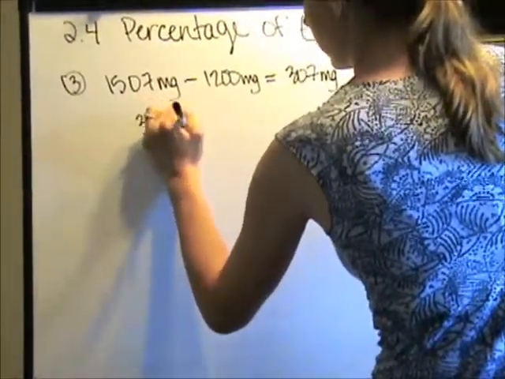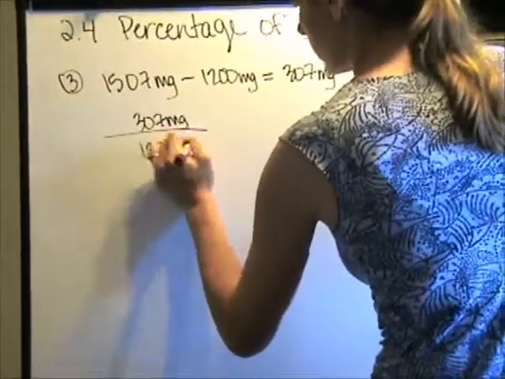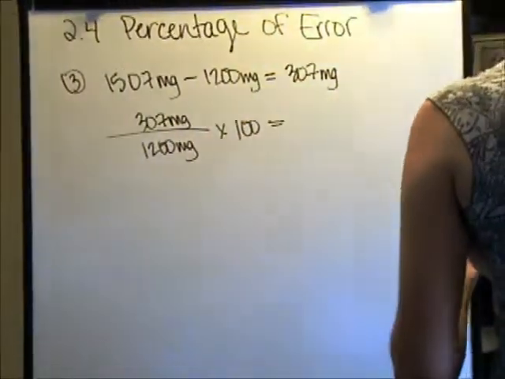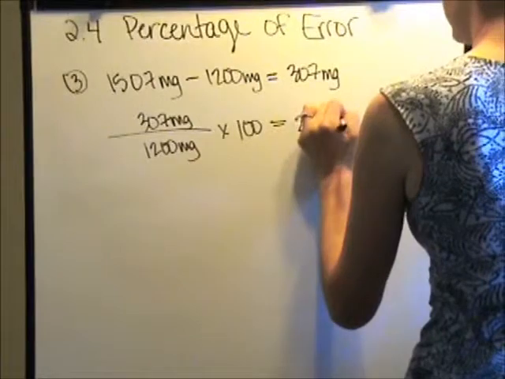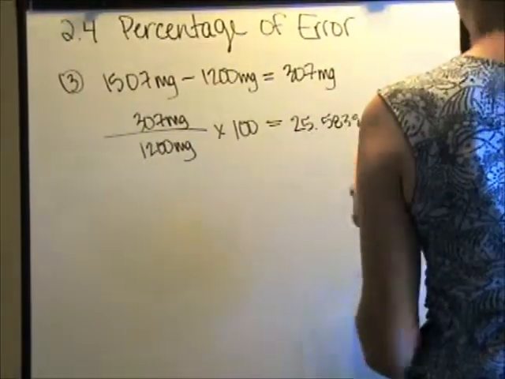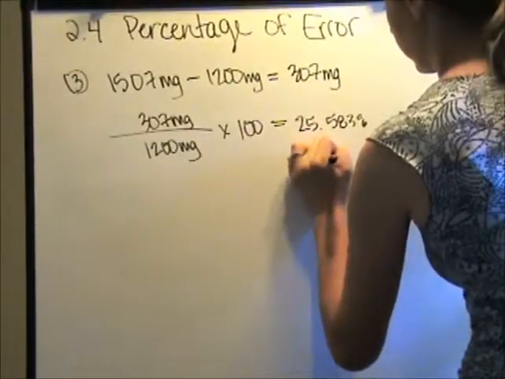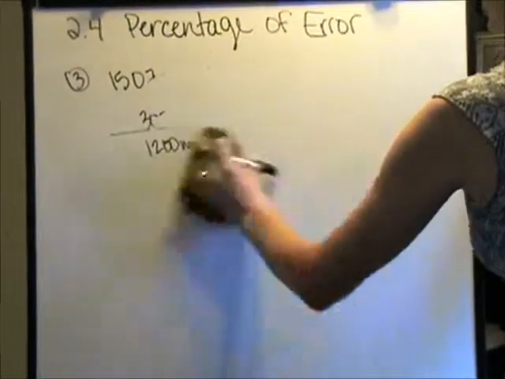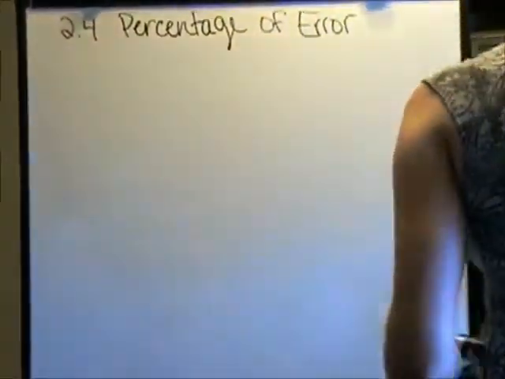So now that we know the amount of error, we divide that by the amount desired times 100, and that is going to work out to 25.583%, and we're going to round that to 25.58%. Okay, pretty straightforward once you get comfortable plugging in the formula.